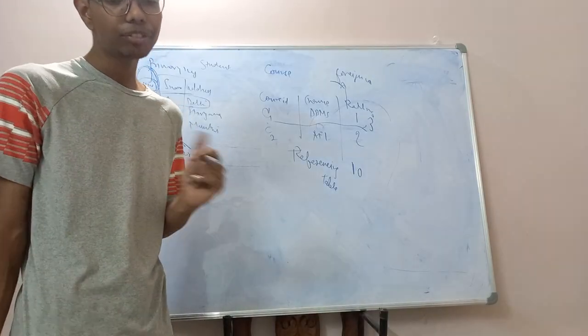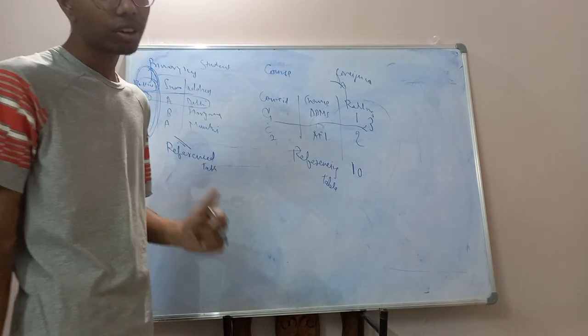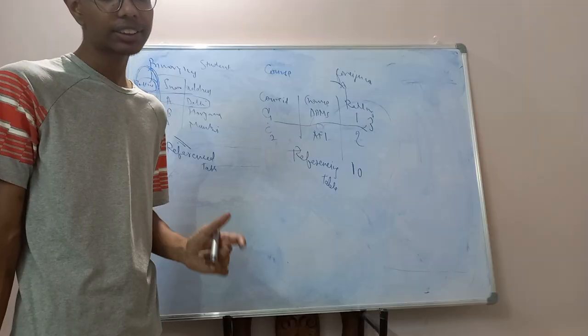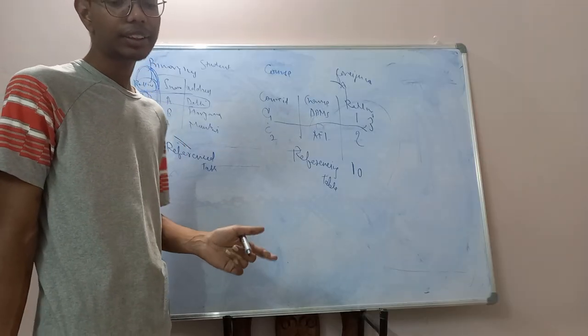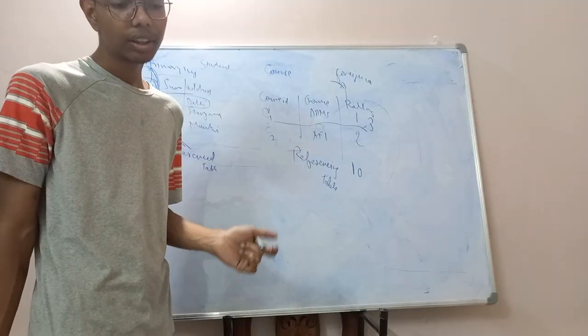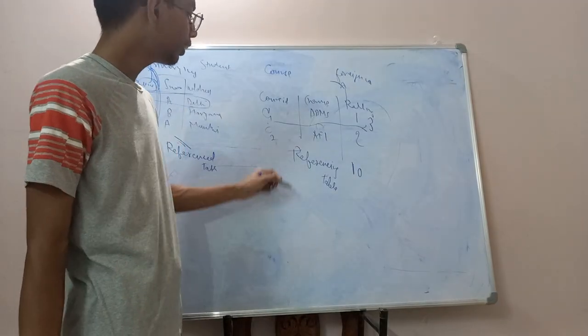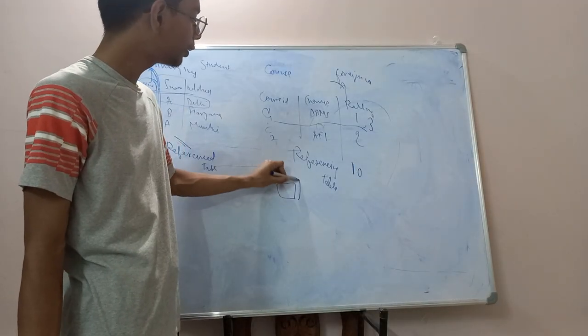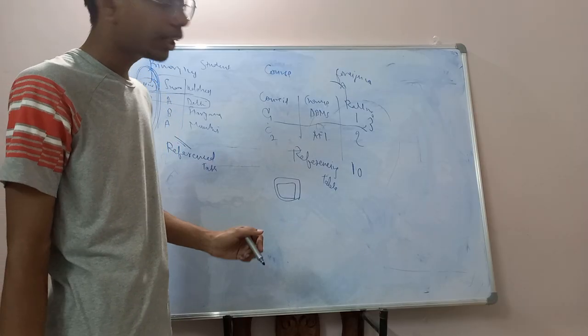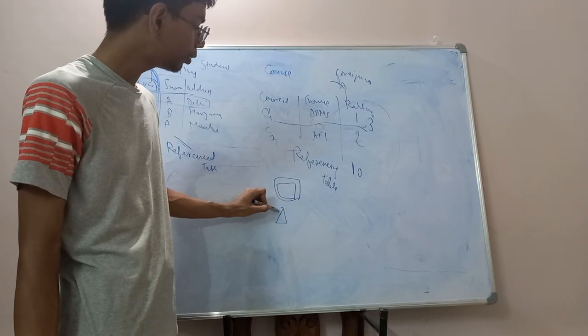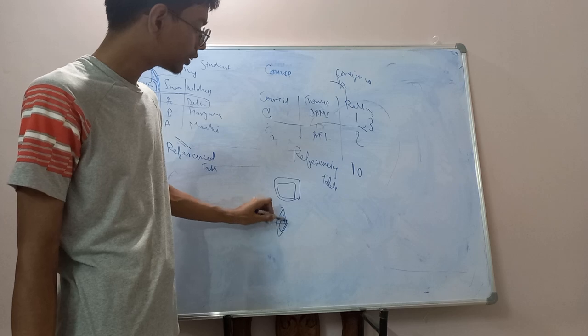Weak entities have total participation constraint in the identifying relationship with the owner entity. A weak entity is represented by a double rectangle, and the identifying relationship is represented by a double diamond. This is the double diamond.